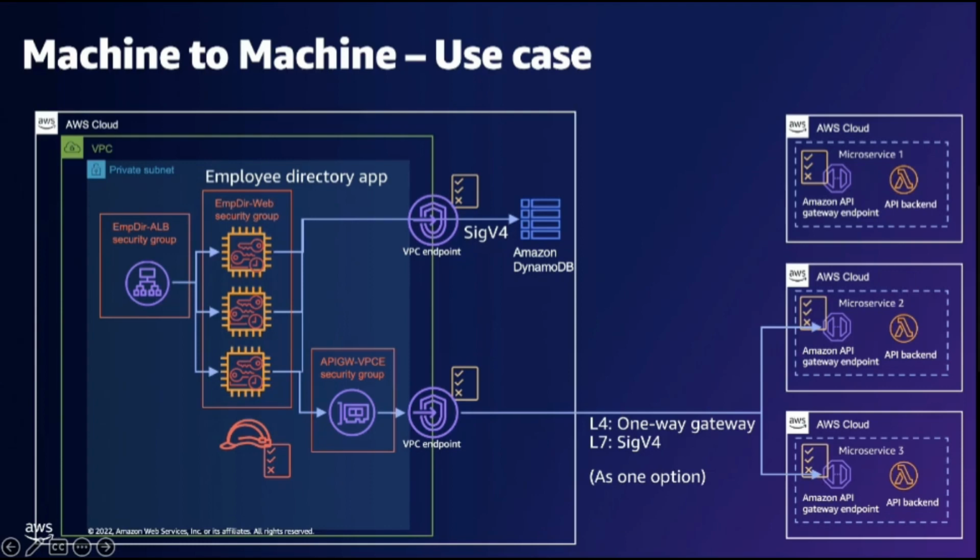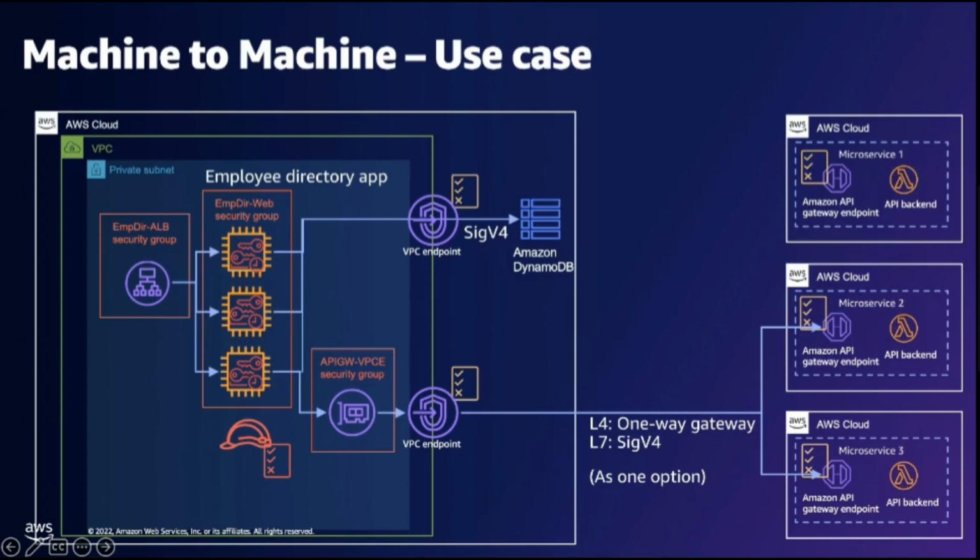These can be services such as S3, as we saw in the previous example. It could be services such as DynamoDB. It can be services such as Amazon API Gateway, right? Now, much like PrivateLink, it also allows you to create that private connection with these services in different AWS accounts.